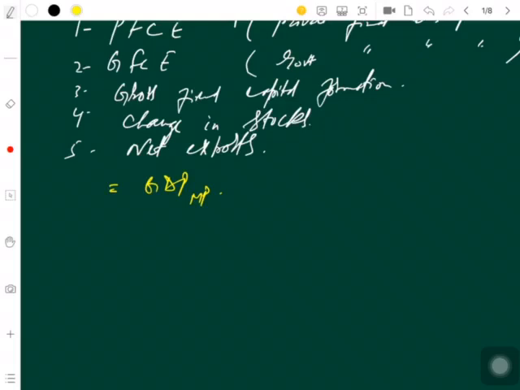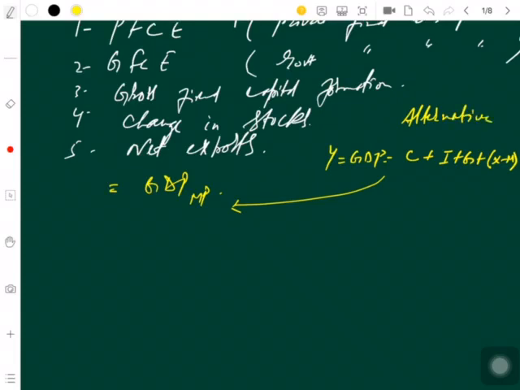We wrote it as Y = GDP = C + I + G + X - M. I have already explained this part. It is an alternative classification. It may be asked in this way or that way.